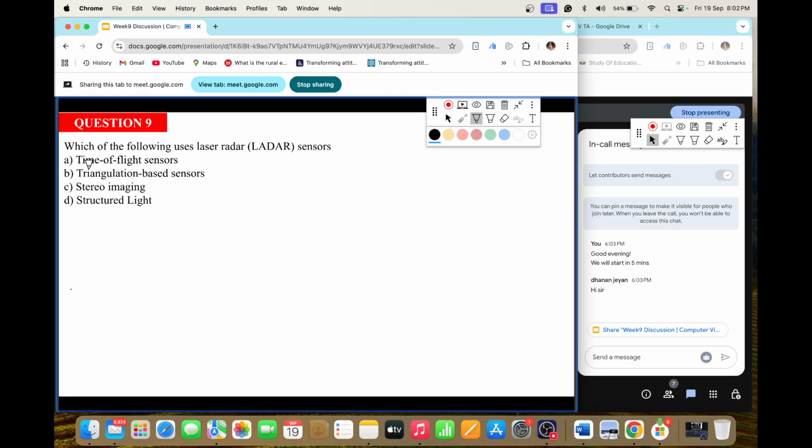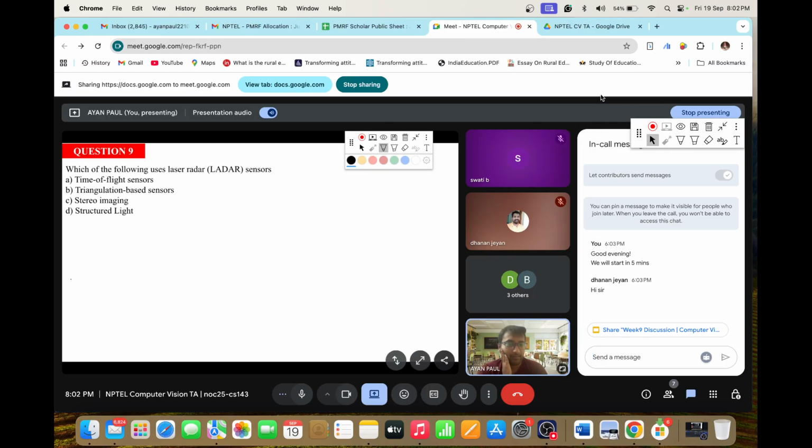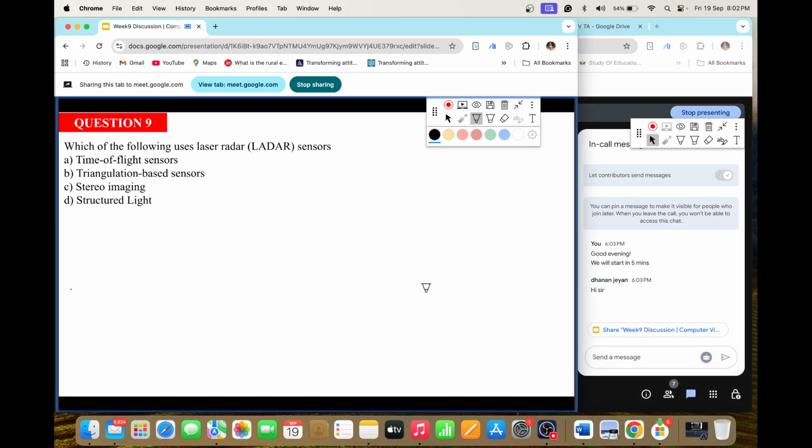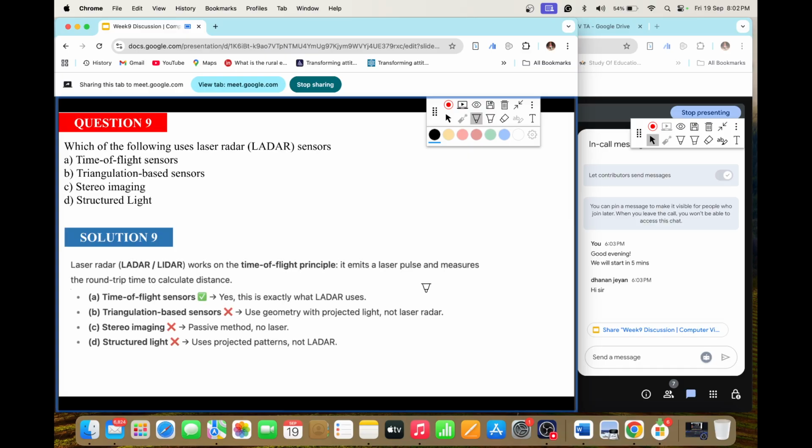Question number 9. Which of the following uses laser radar, LADAR, sensor? Time of flight, triangulation based sensor, stereo imaging, or structured light? So any guesses for this? Time of flight, right? Time of flight only will use your lidar.